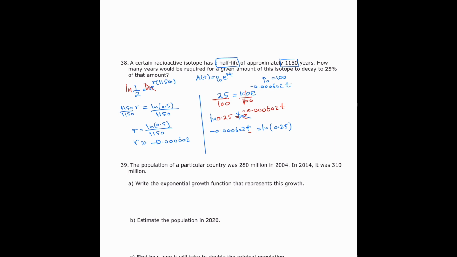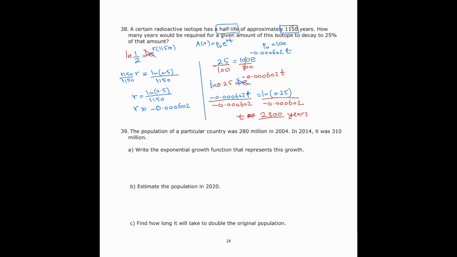We're going to divide by the rate, which is negative 0.000602. You get t equals approximately 2,300 years. And that makes sense because the half-life is 1,150. So to decay to half of that, it's approximately double.